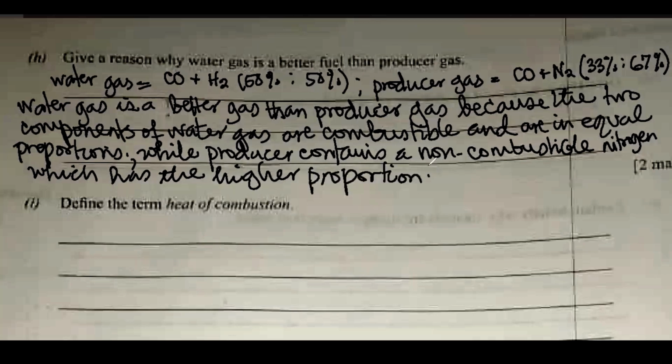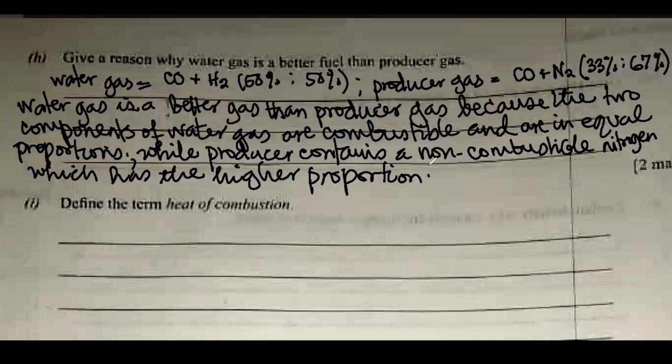proportion, right? In other words, carbon(II) oxide and hydrogen will bond to generate more energy, whereas nitrogen will not bond. Carbon(II) oxide will bond in oxygen to produce carbon(IV) oxide and generate heat energy. Hydrogen will bond in oxygen to produce water or steam and produce more energy. But in producer gas, nitrogen does not easily bond in oxygen, right?